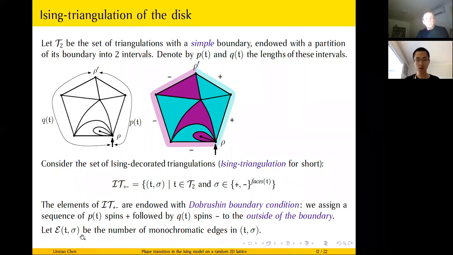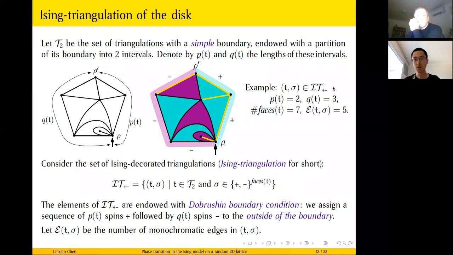And as before, E(T, sigma) will denote the number of monochromatic edges in each of these configurations. So recall that this was the quantity that was used in the definition of the weight of the Ising model.